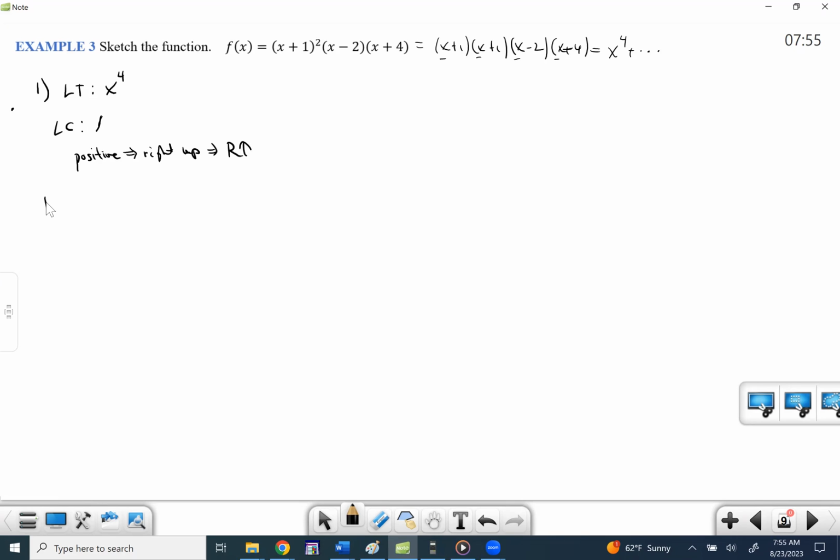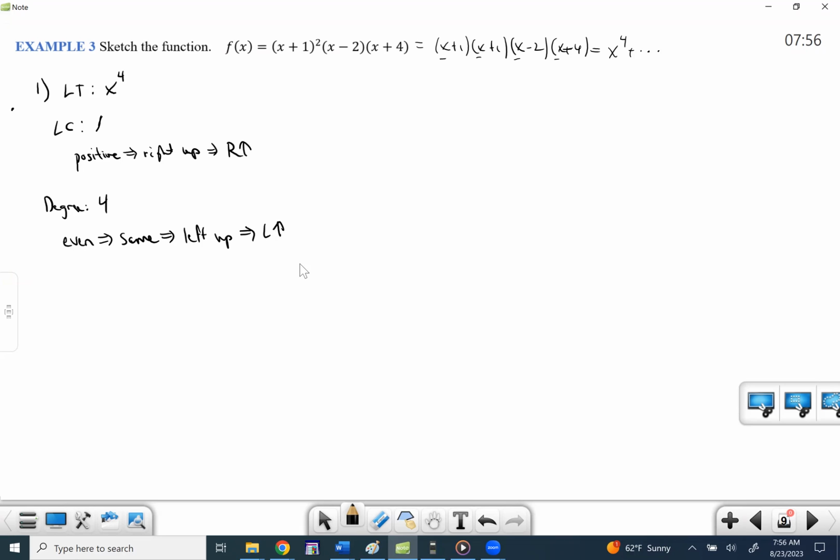Now the degree of the polynomial, it's degree 4, tells us what the left is doing. So since it's even, that implies the same: whatever the right was doing, the left is going to do also. So if the right goes up, then the left goes up. All right, so we have our end behavior.